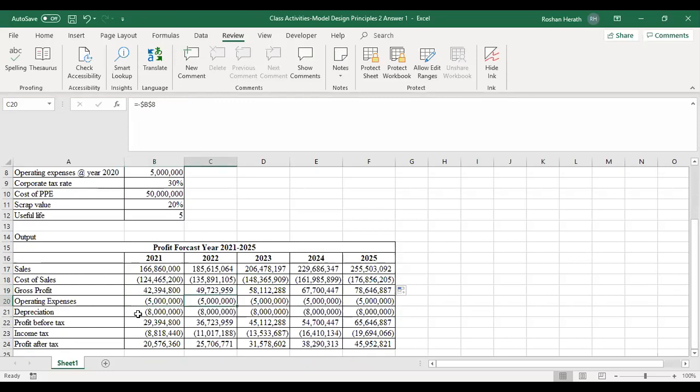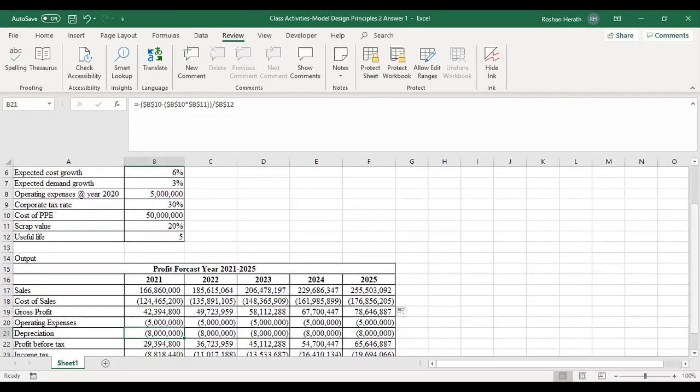Then the depreciation, there you have to do a kind of computation. In that, you are given information on cost, scrap value, and the useful life. So then you can do the depreciation. Here we have taken the cost minus the scrap value divided by the useful life. That has given you the depreciation figure.